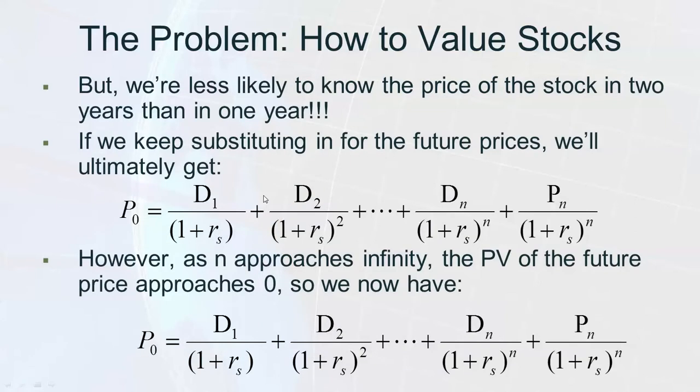So I don't want to go over this equation too much, but basically your price right now is you're going to be discounting all future cash flows, all expected future cash flows and the price sometime in the future. Okay, because if you buy a stock you're going to sell one day, let's just assume that, or you don't have to sell, the expected price sometime in the future, and discount all of them.